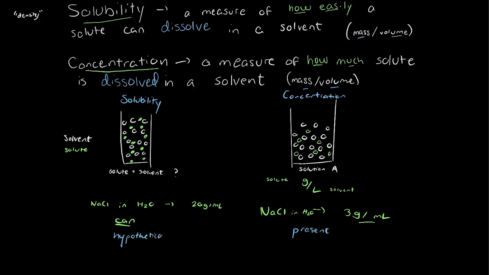It's basically the maximum concentration. And last bit of information here, putting something in these square brackets means the concentration of that thing. So this means concentration of sodium chloride. So the maximum concentration is solubility, whereas the existing amount of solute per solvent is concentration.